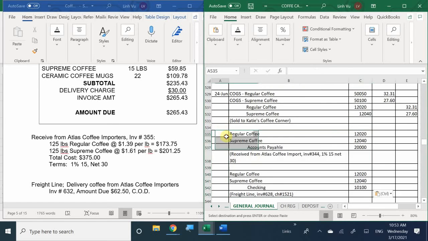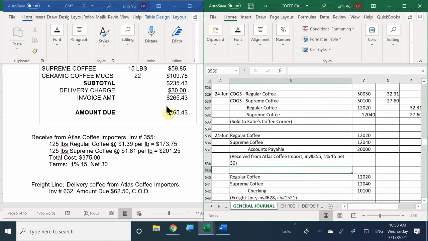Perfect. All right, so here we received the inventory. We're receiving it on accounts payable. Only difference is, what is the invoice number? 355. All right, and the terms, is it still 1%, 15 net 30? Yes. Perfect.